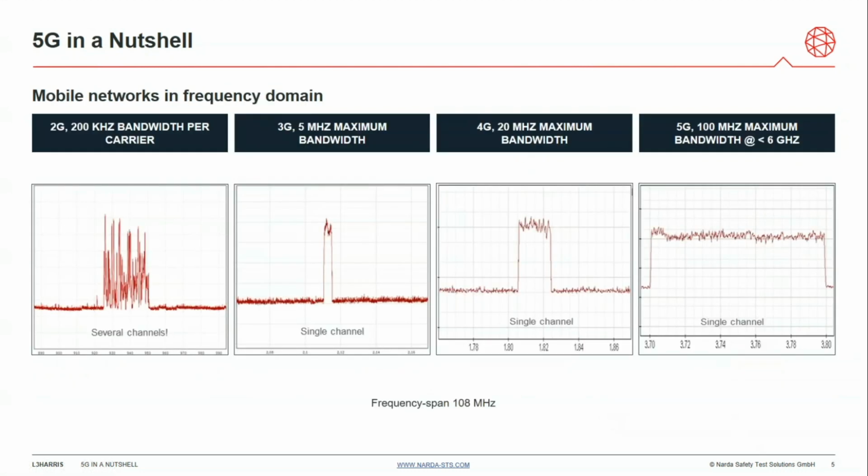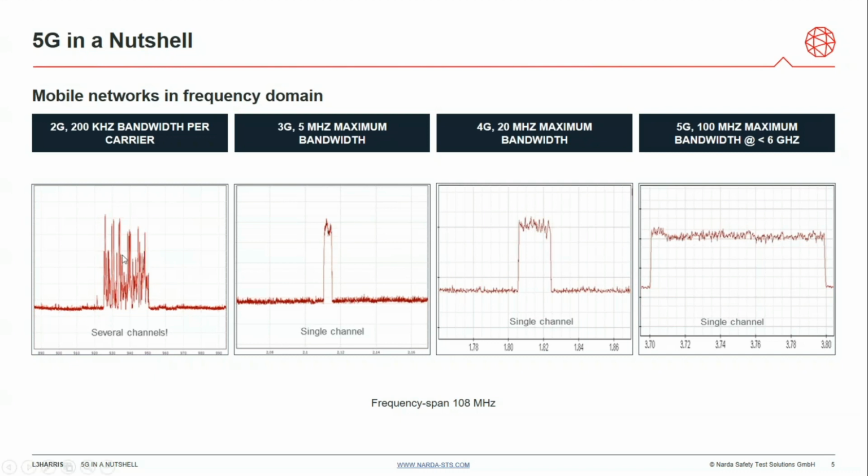Having a look in the frequency domain, where GSM was still based on single channels, single carriers, each channel was more or less emulating a fixed line, a fixed connection, even though wireless, but a point-to-point connection in downlink and uplink.